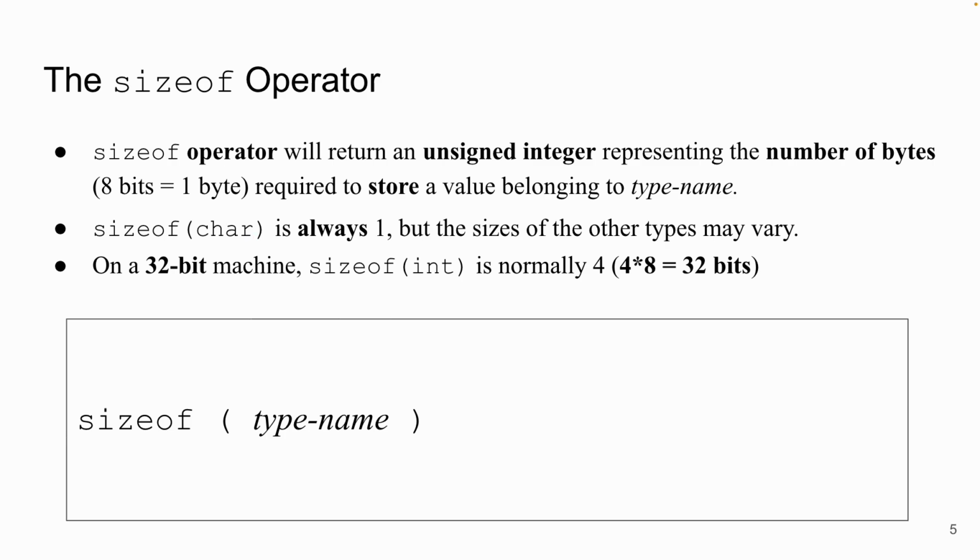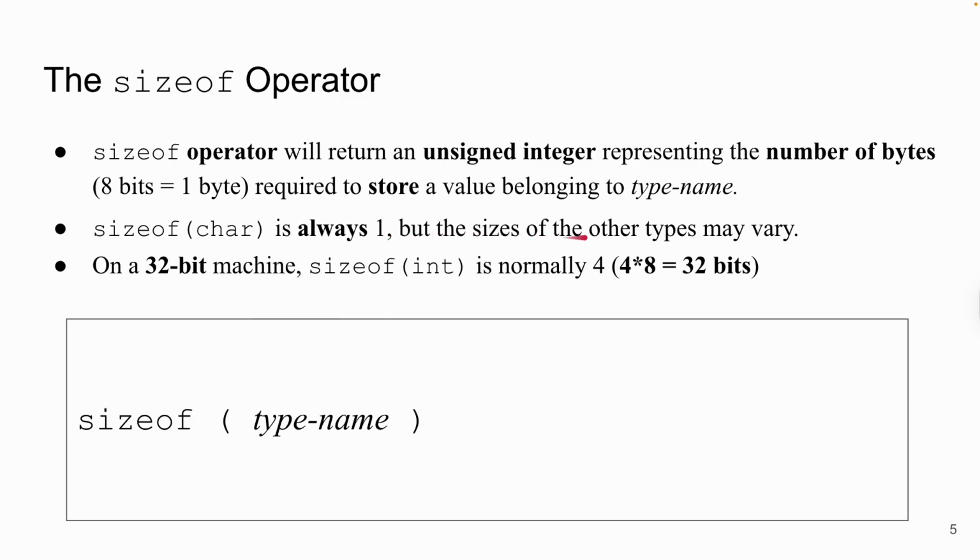So again, 8 bits equals 1 byte. So in C we use 1 byte to store any char value, including char variables. So if we write down something like this, it will return 1.